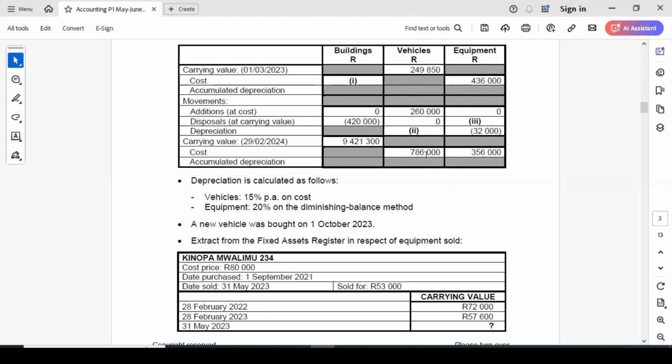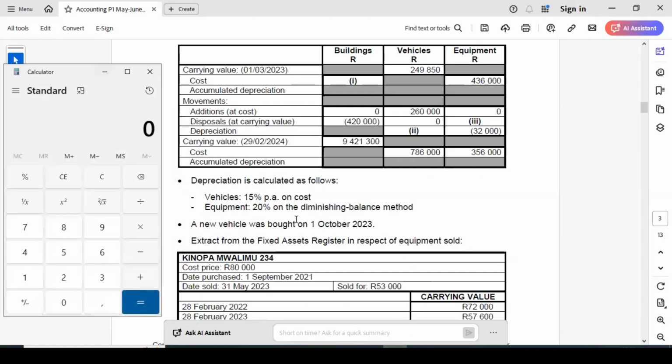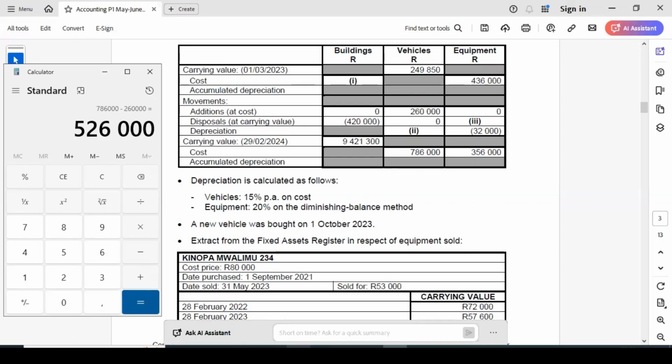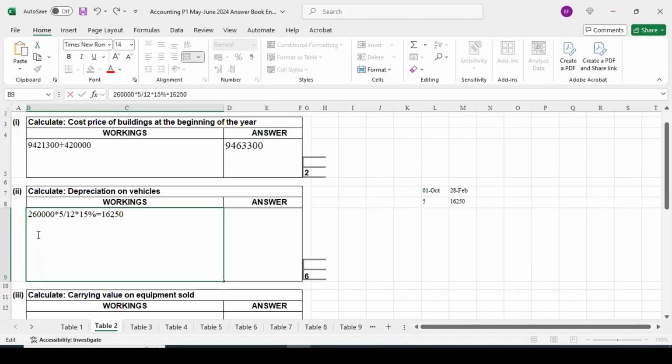So we're going to say 786,000 minus the 260,000 rands, which has to give us this amount here. Let me use the calculator. 786,000 minus 260,000 rands. So it's giving us 526,000.